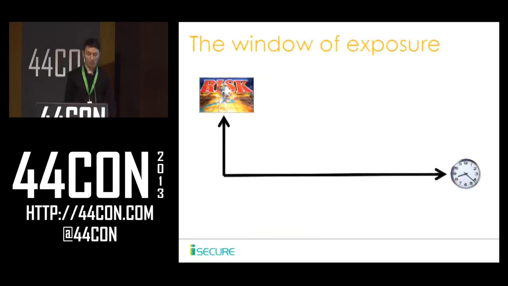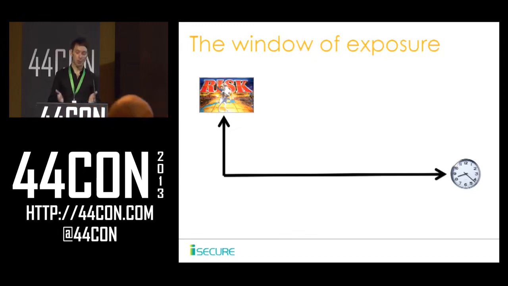And this brings me to the window of exposure. I'm pretty sure you all know about this part too, but bear with me. When we talk about the window of exposure, we're usually only talking about the timeline, like how long is the window of exposure. But there's actually another scale, which people are aware of, we just don't discuss it.